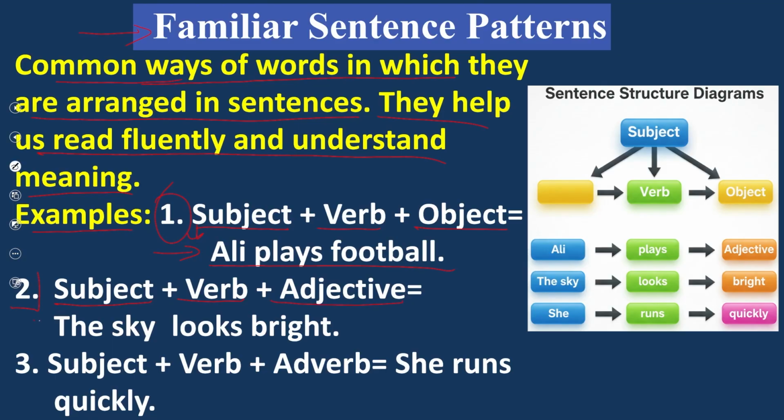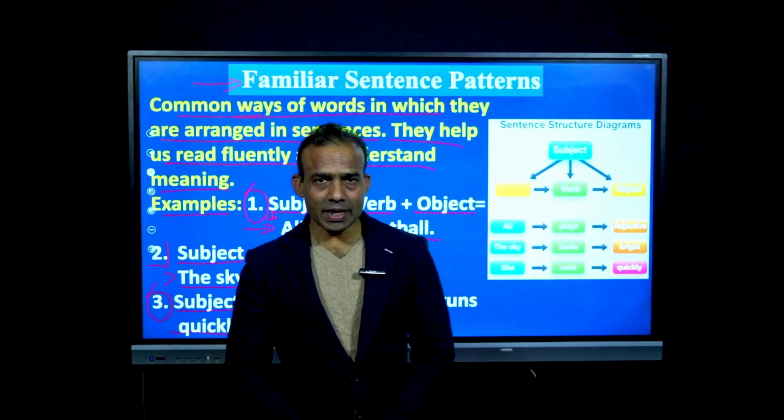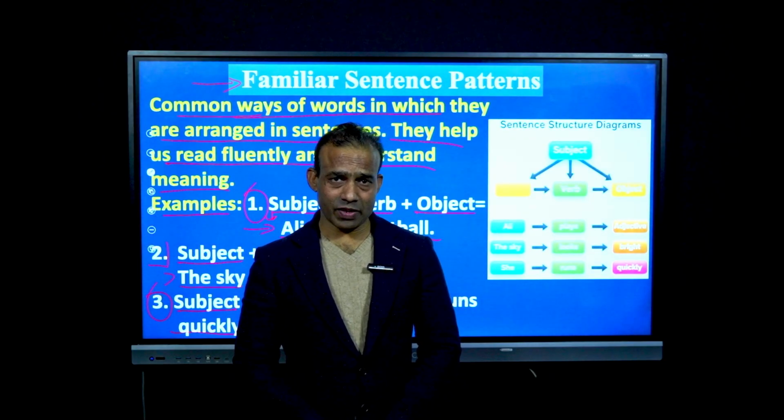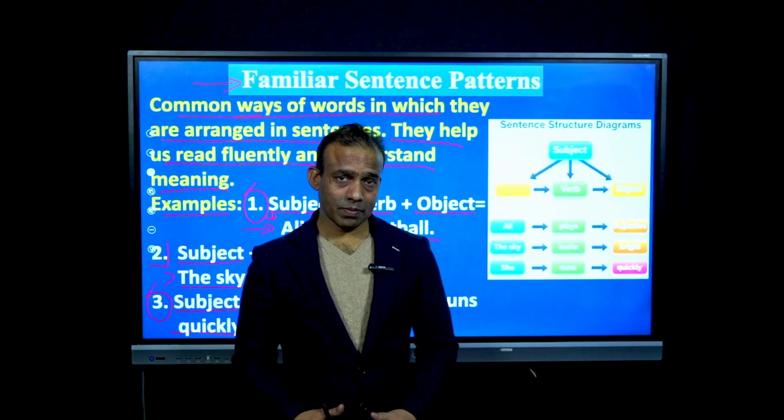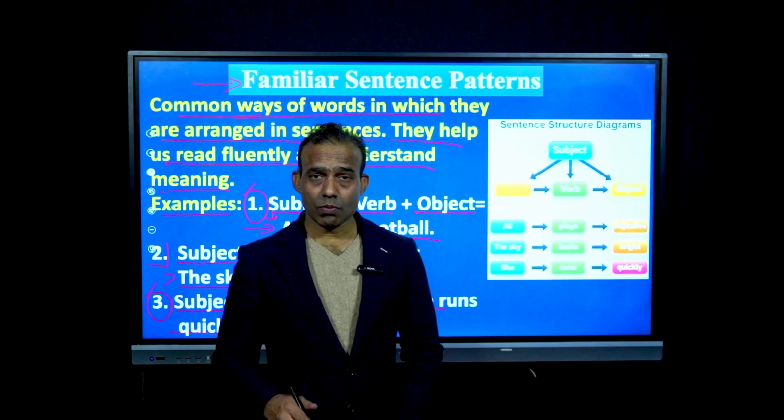The example is: the sky looks bright. The third pattern is subject, verb, and adverb: she runs quickly. So, dear learners, it is very clear that there are three basic simple sentence patterns which we have discussed at this grade level. Now, move to the next slide.